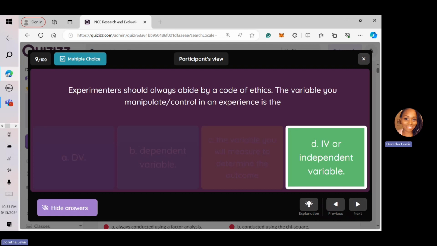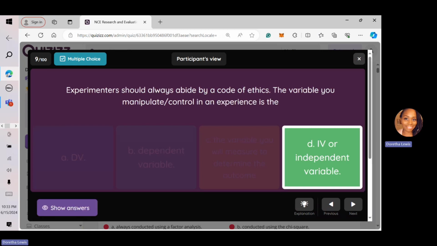All right, now I hope you picked D. So, right, it's I manipulate. You think about that IV, you think about that first I, I manipulate that independent variable, right? And once again, I'm manipulating by giving this group the biofeedback training in the hopes that their scores will increase, or to see if their scores increase.